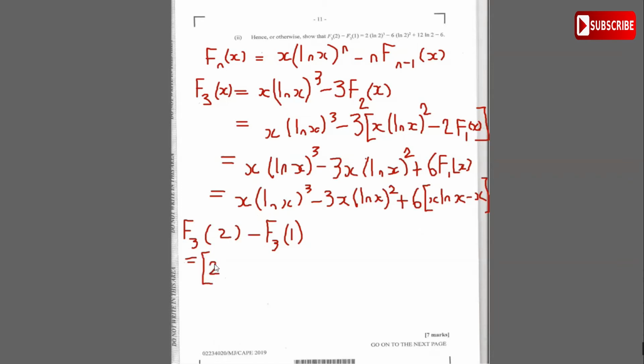So it's 2 (ln x)^3 minus, put x as 2, you get 6 (ln x)^2.